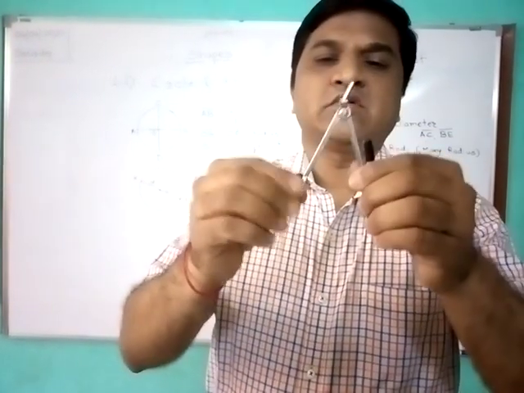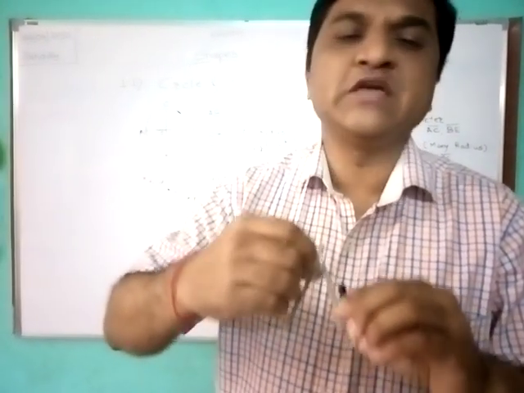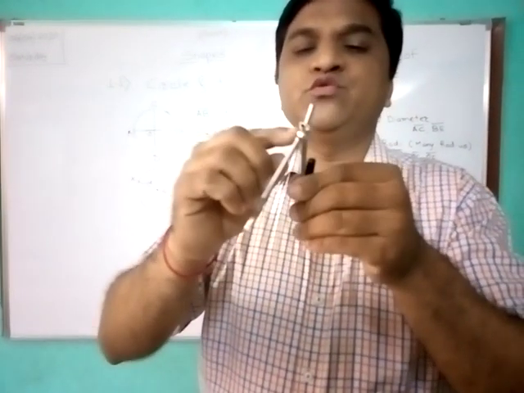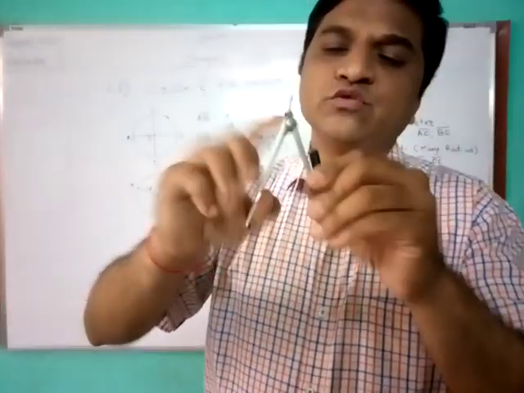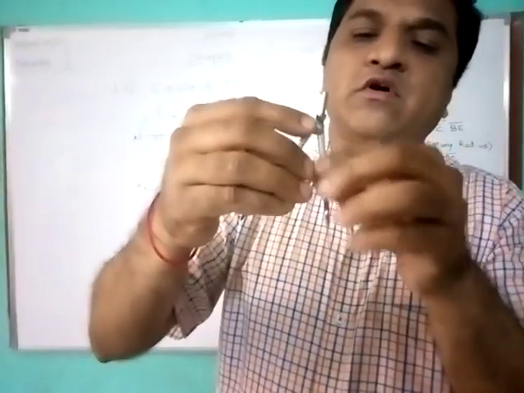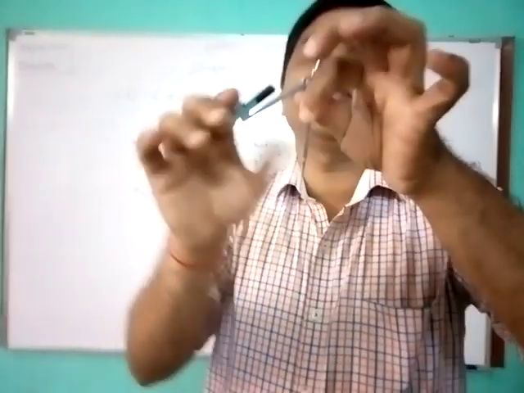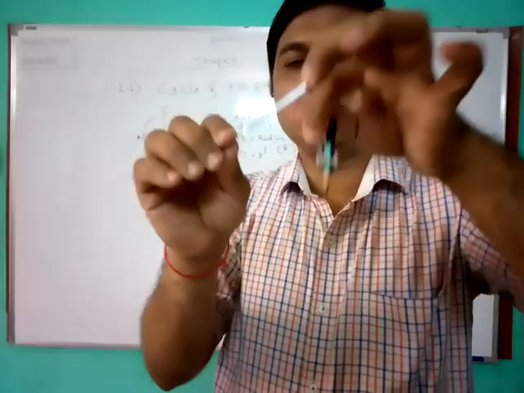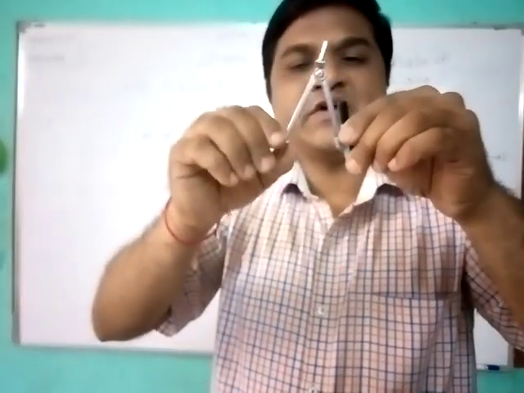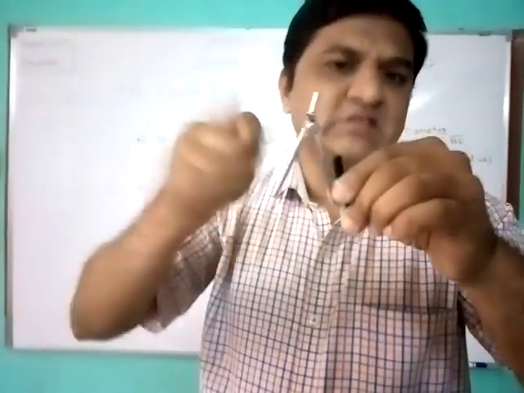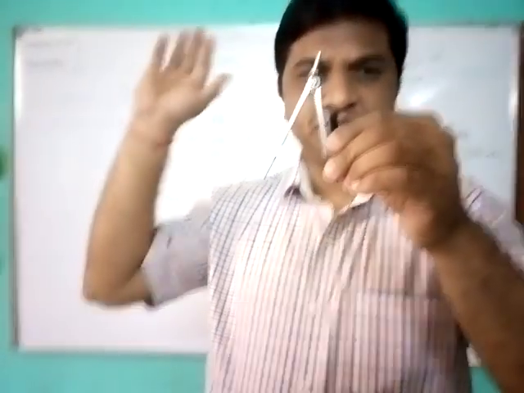Another important part of the compass is the hinge. The hinge is nothing but a screw which joins the two legs of the compass. This screw is used for fastening or loosening the legs of the compass, so we can control its movement. If you don't want the legs to move away from each other very fast, just tighten the screw, and you will control the movement of the compass.